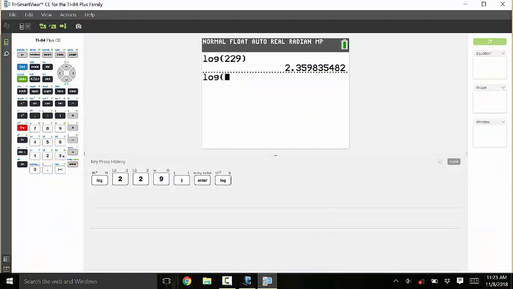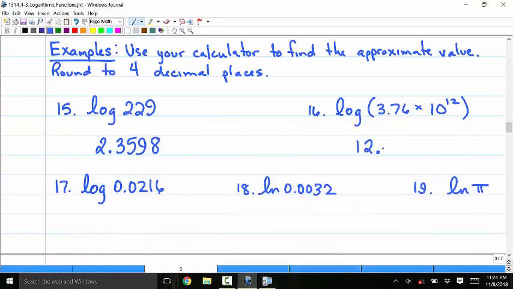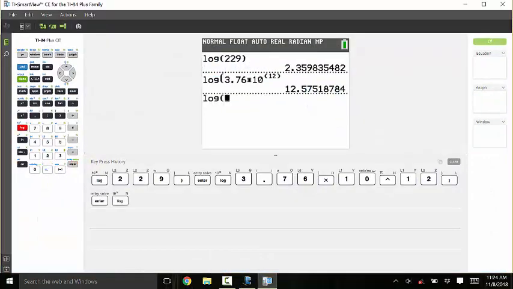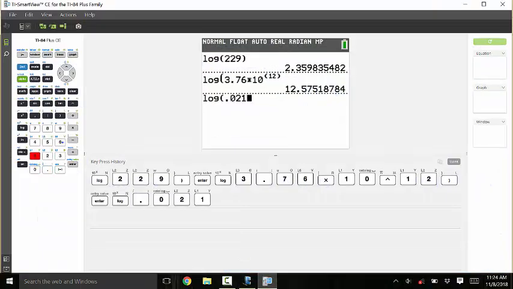Log 3.76 times 10 to the 12th. 12.5752. Log of 0.0216. Negative 1.6655.